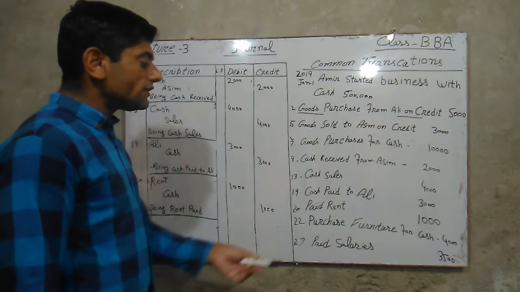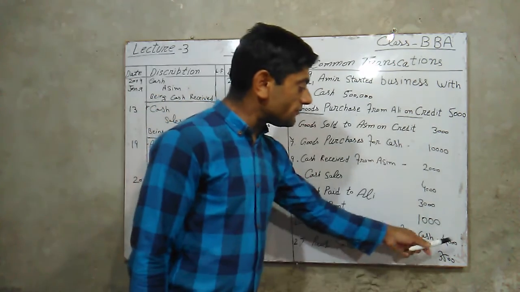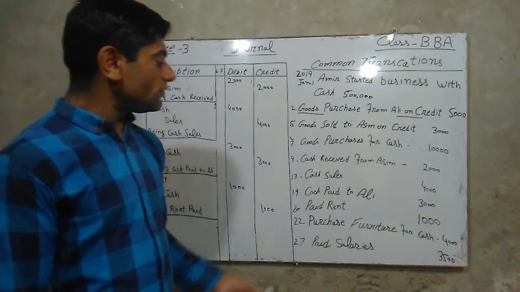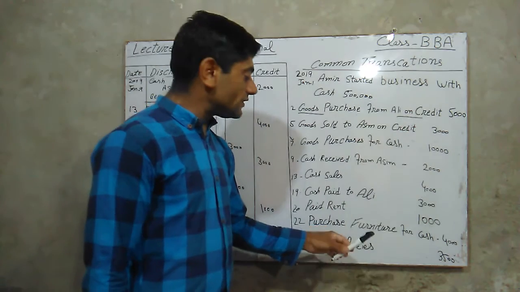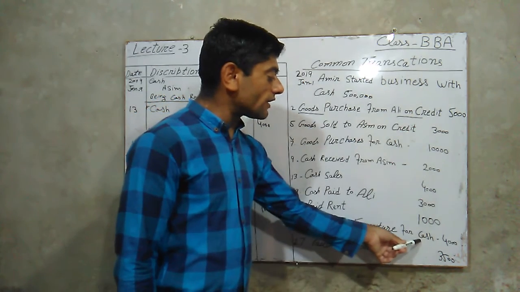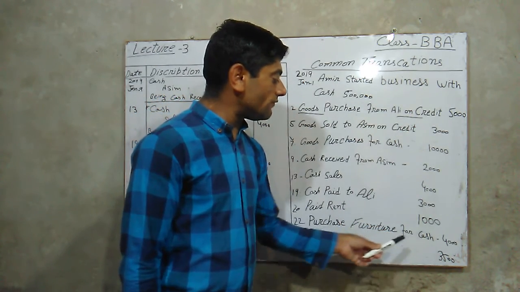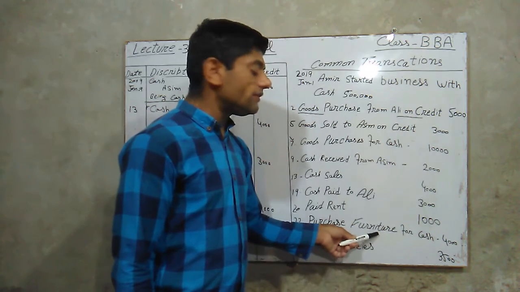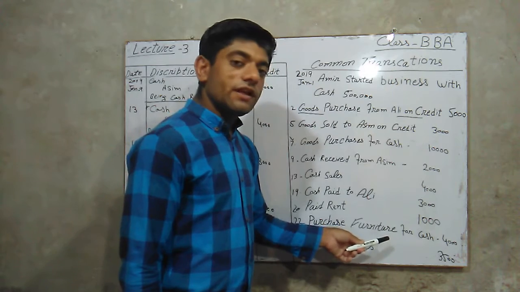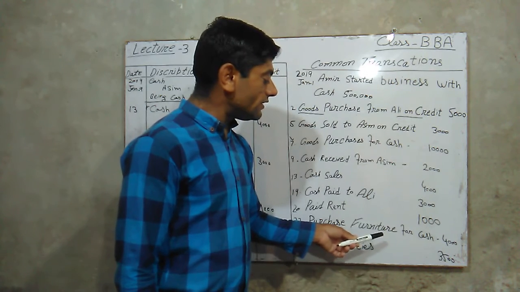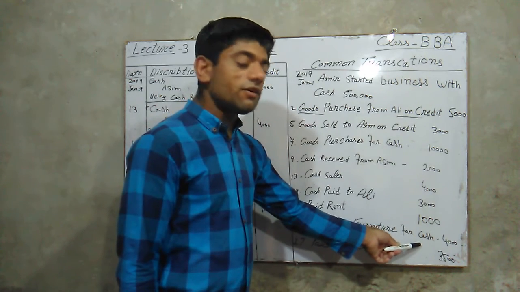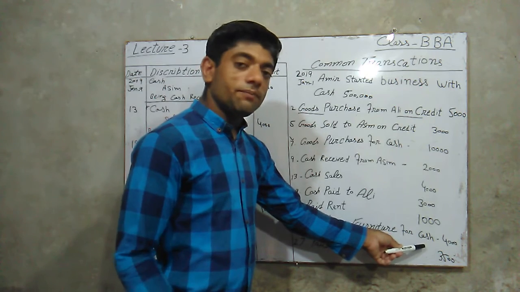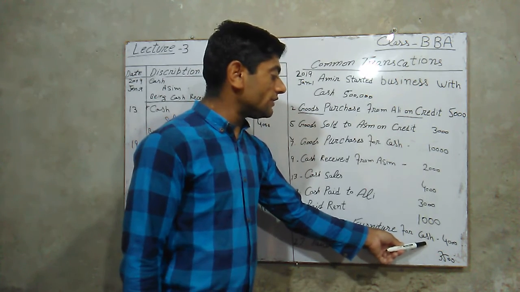So next transaction, purchase furniture for cash 4,000. Identify the accounts. Two accounts are involved: first furniture, second cash. When we purchase furniture, furniture increases, and furniture is our asset, so it's debit. Cash is also our asset, so we made a payment, cash decreases, so cash credit.